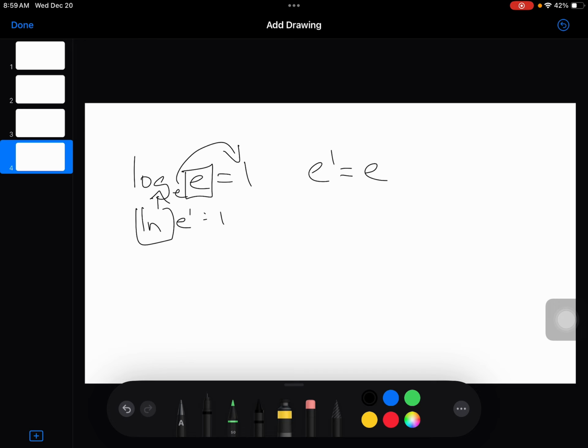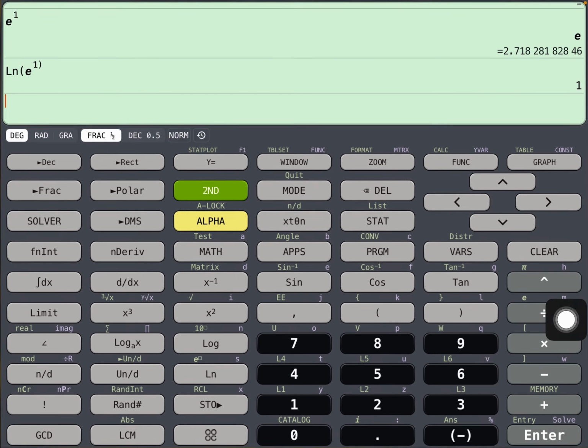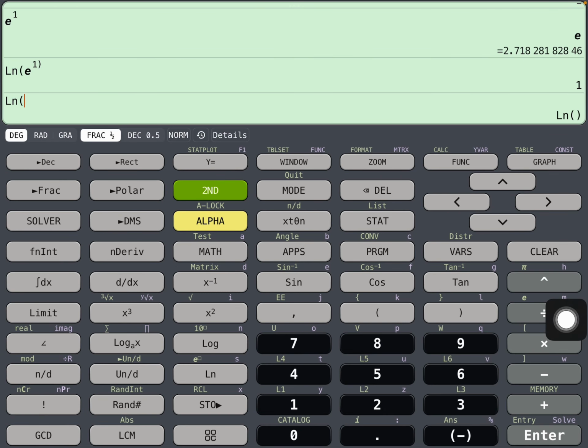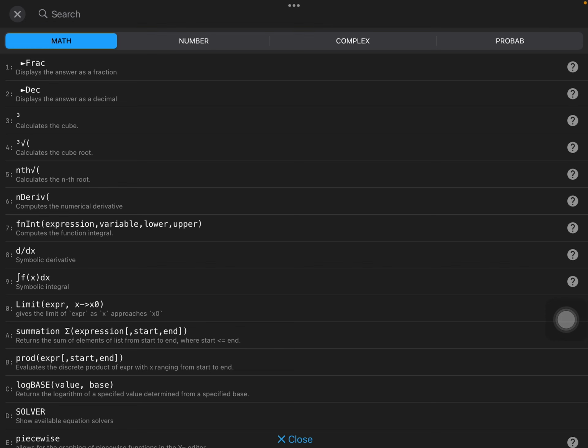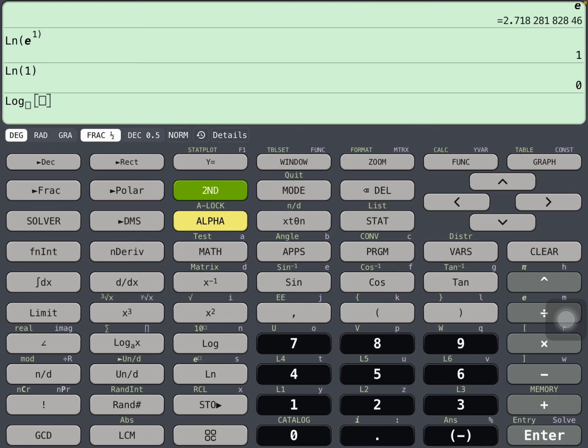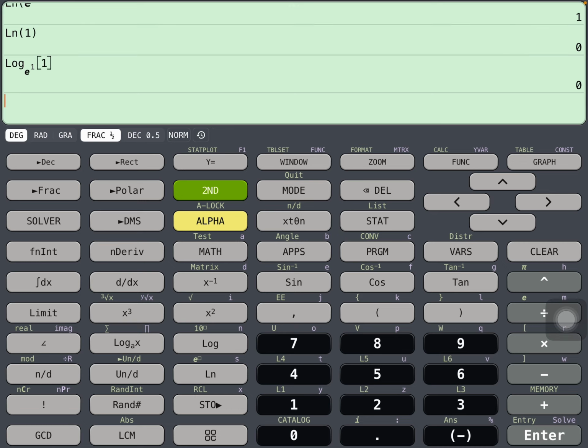Well, let's try something like ln of 1. That gives us 0. And just for confirmation's sake, go back to math, and then we're going to do log base, and we got log base e, and we'll have to put the 1 there. Log base e of 1 also gives us 0 because ln natural log is actually log base e.